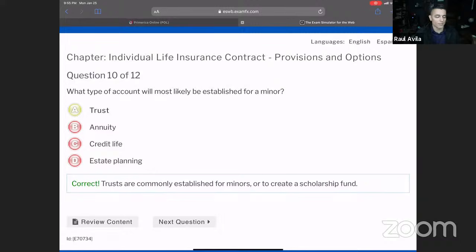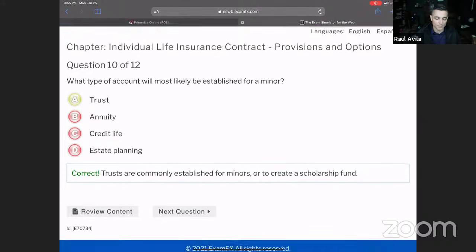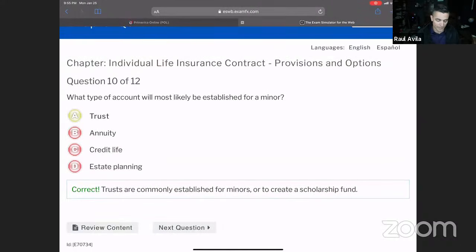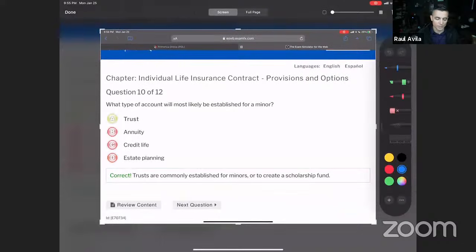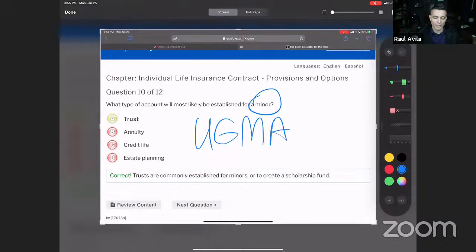Oh, yeah. Okay, I get it. It's not going to be on the test because it's more of a securities thing, but this might help you remember this, okay? When you open a minor account, it's called the Uniform Gift to Minors Act. It's an UGMA or an UTMA.